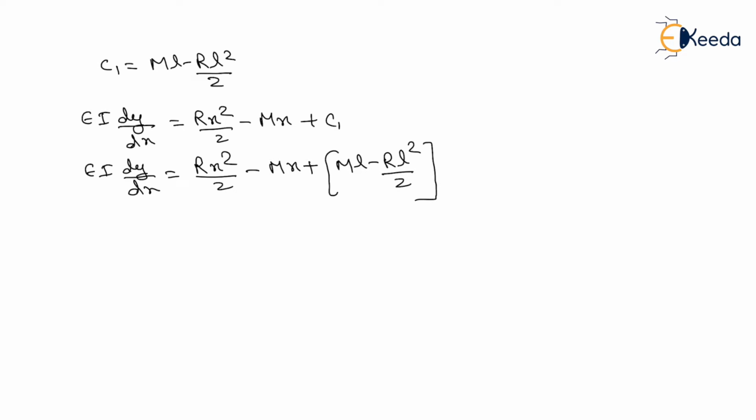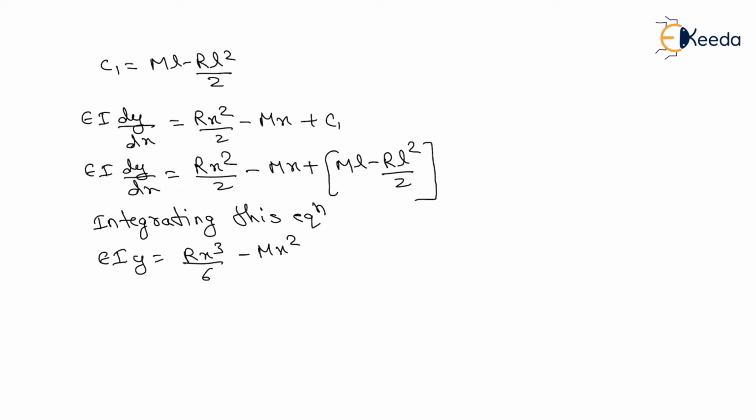Okay students. Now we need to again integrate this equation for finding y. So integrating this equation again, we will get EIY is equals to Rx cube by 6 minus Mx square by 2 plus ML minus RL square by 2 into x plus C2. Again C2 is a constant.